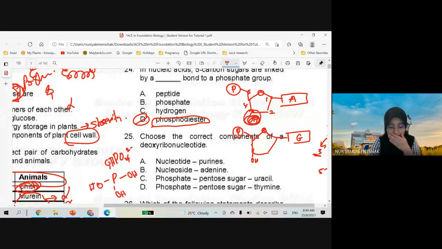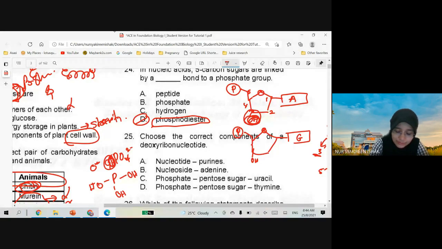So in the process of condensation, this molecule is in aqueous condition, so they are ionized. So ionized dia akan jadi O negative. So initially ada H kat sini.